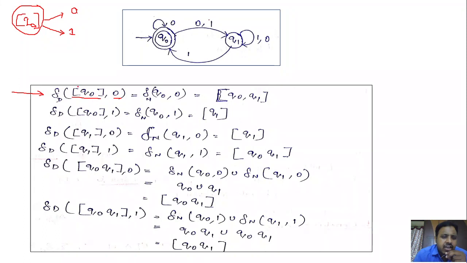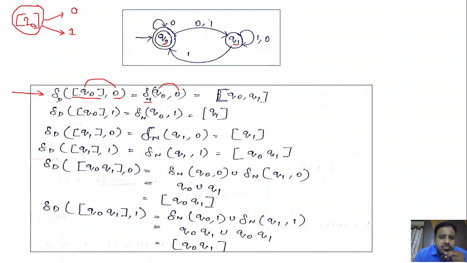So how do we write this? Since we have not constructed the DFA yet, the reference for applying the transition is the NFA. So we go to the NFA, that is delta N, and specify the transition from Q0 on 0. Delta N of Q0 comma 0 means there are two transitions: one is Q0 and another one is Q1.